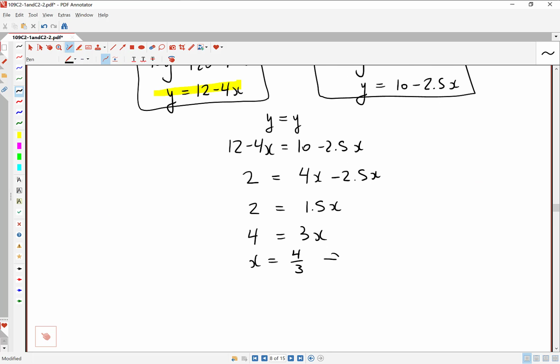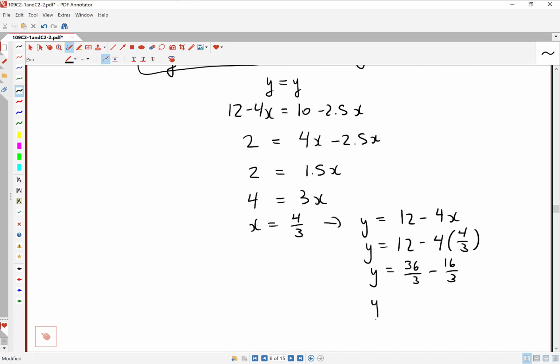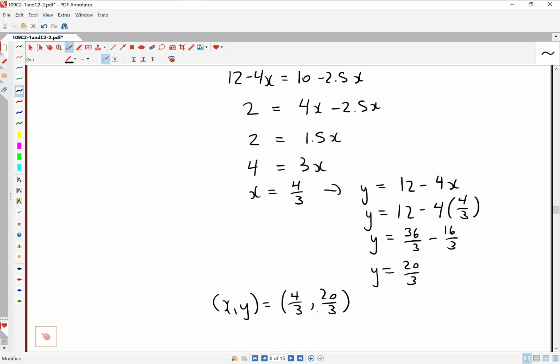So sub that in to y equals 12 minus 4x. y is going to be 12 minus 4 times 4 over 3. Okay, so let's put stuff over 3. It's 36 over 3 minus 16 over 3, which is 20 over 3. So there's our vertex A, 4/3, comma, 20/3.